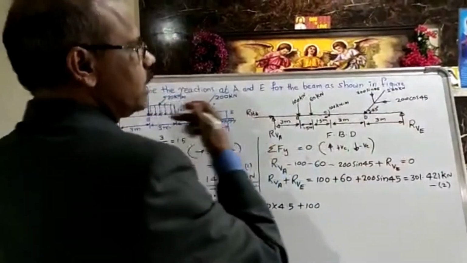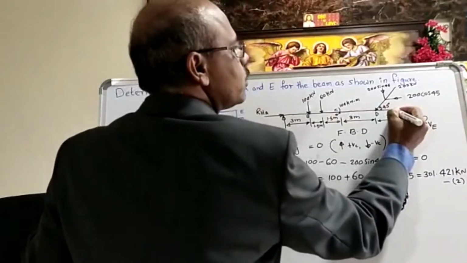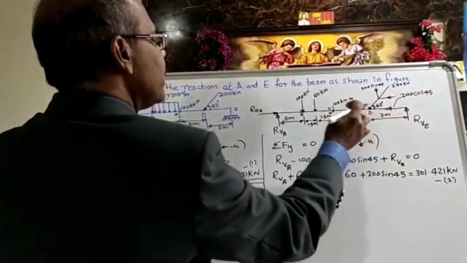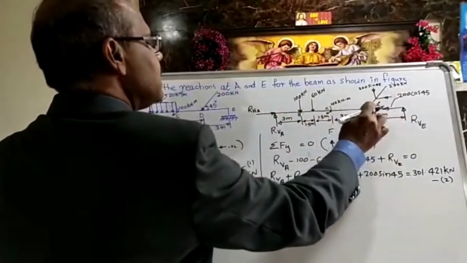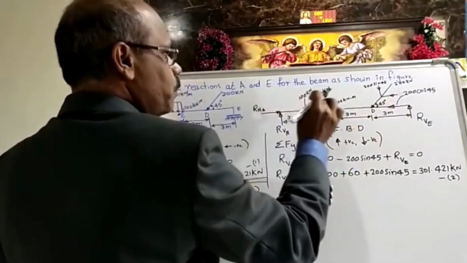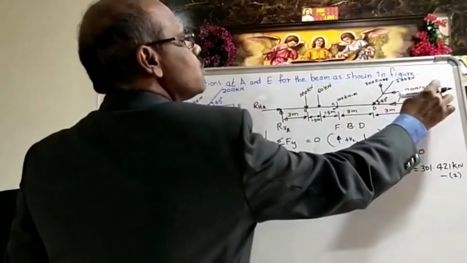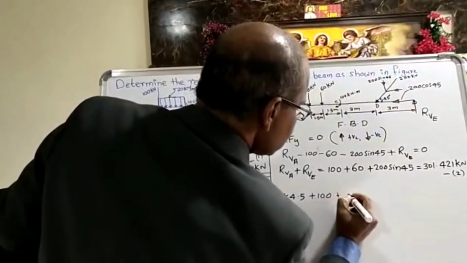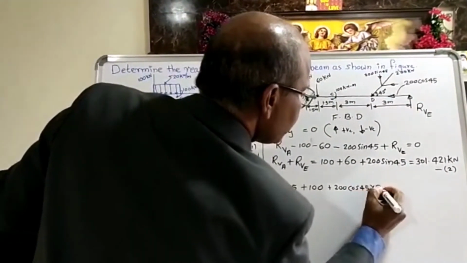It is going horizontally, so it is collinear with this RHA, moving through the point A. Since it is moving through the point A, the perpendicular distance of 200 cos 45 with A is 0. So we can write plus 200 cos 45 multiplied by 0.